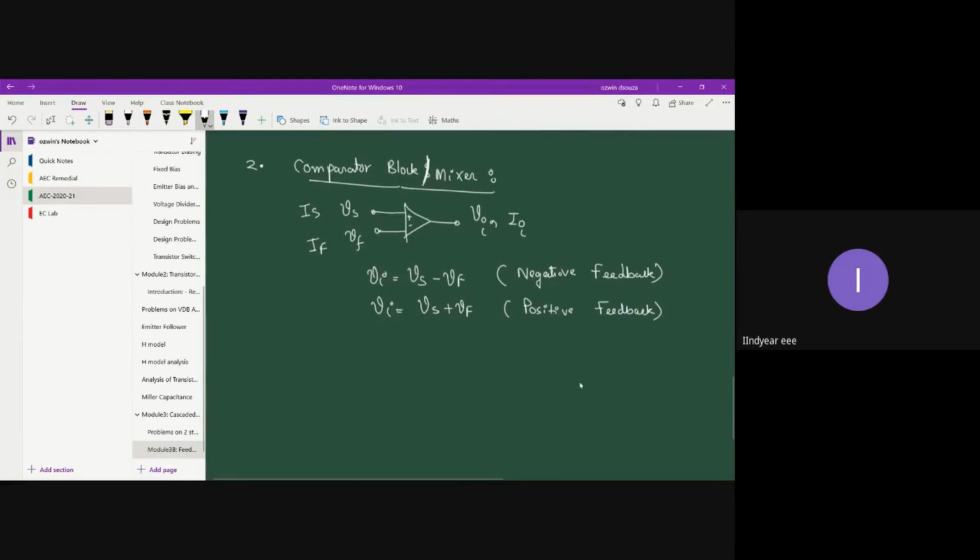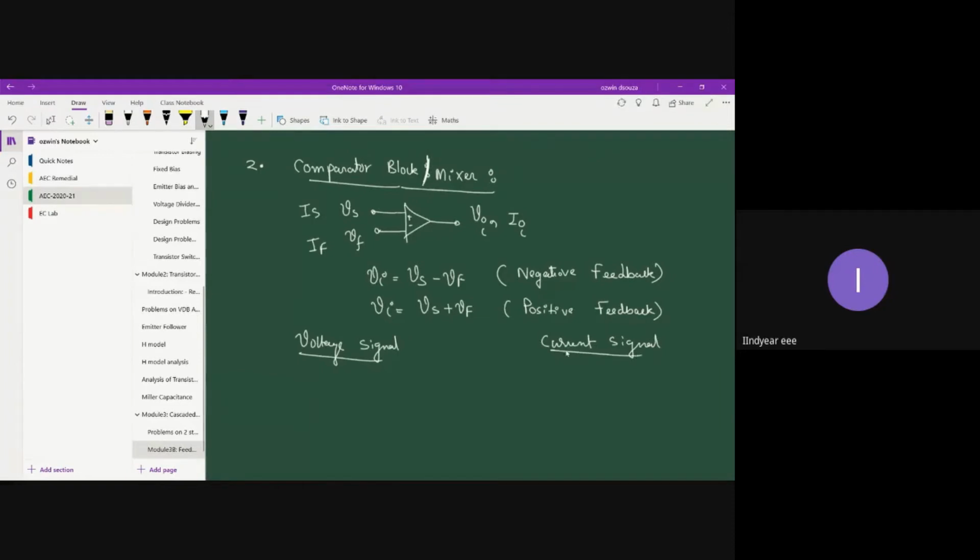Now, in electrical as well as electronic circuits, signals can be of two types. You can have either a voltage signal or a current signal.